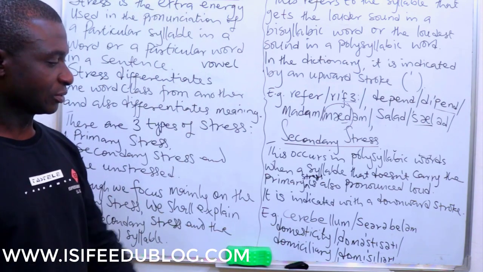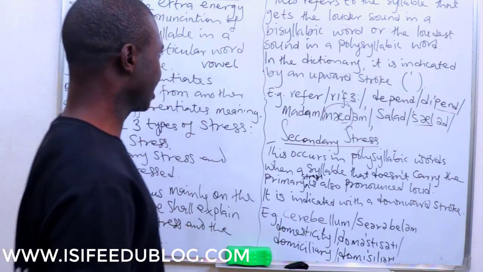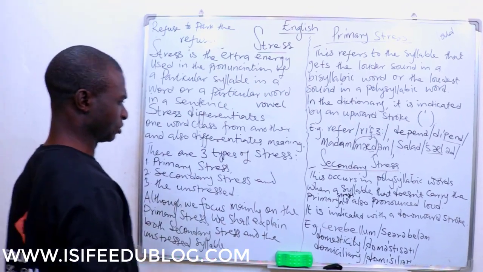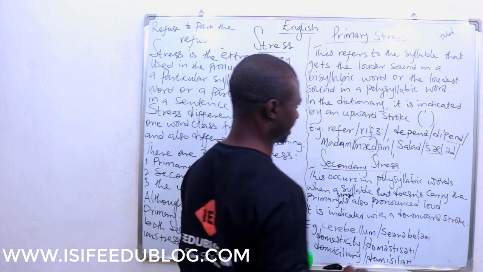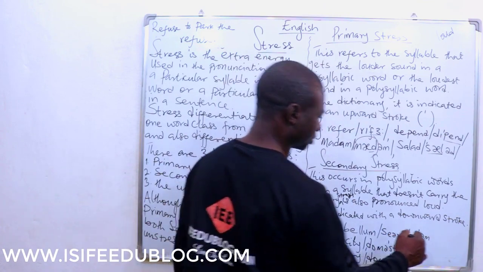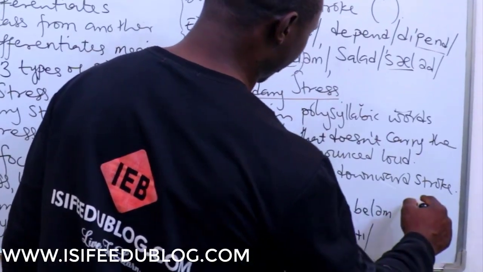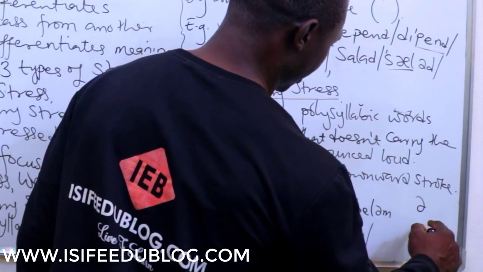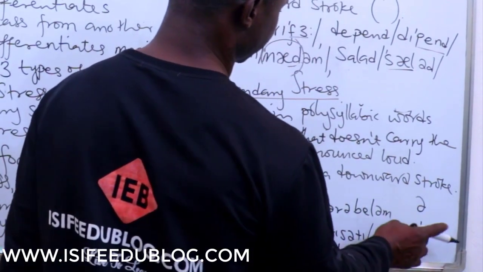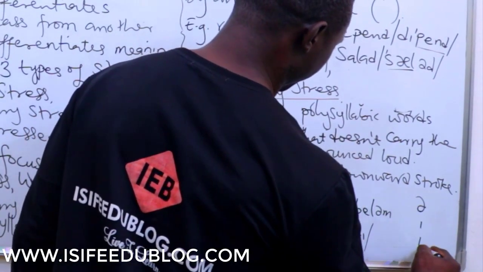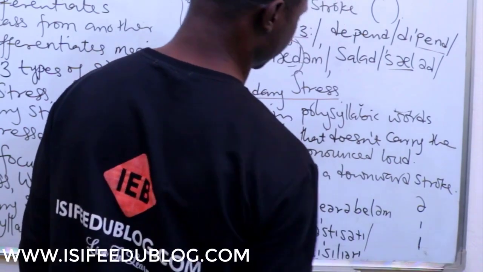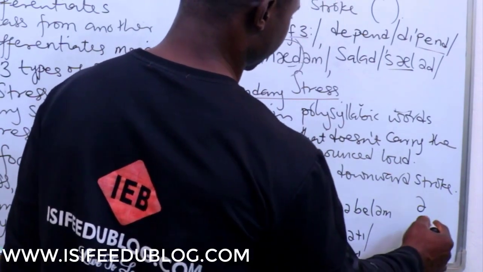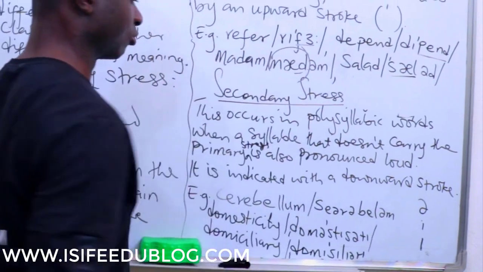Now, another thing to use to indicate this is that such a syllable will not carry either this or this, except the strong short E, but the weak one will not be there.